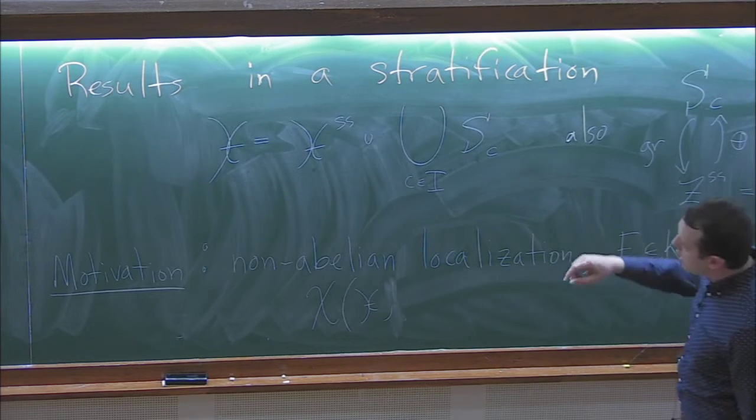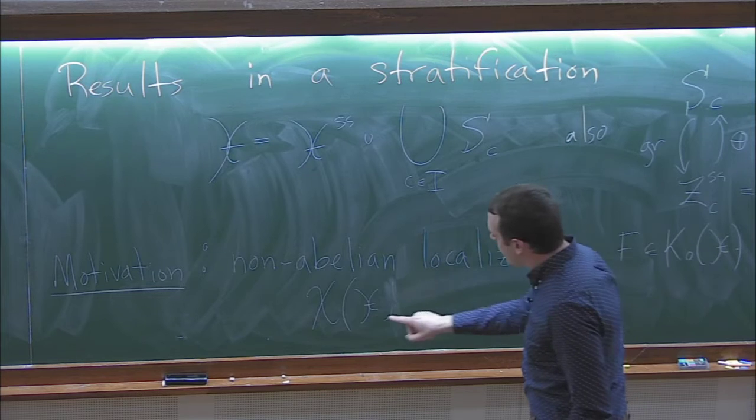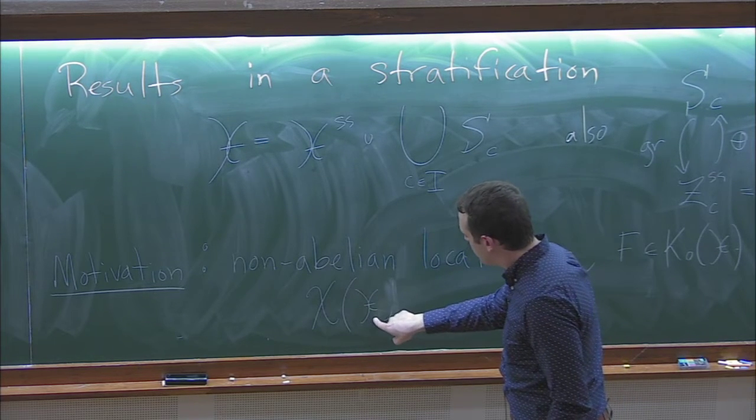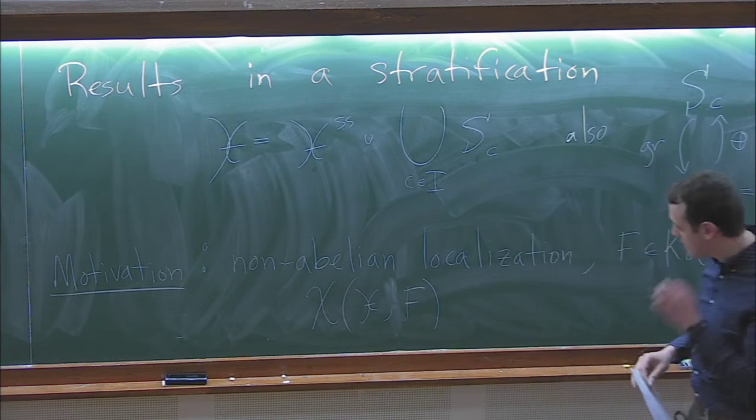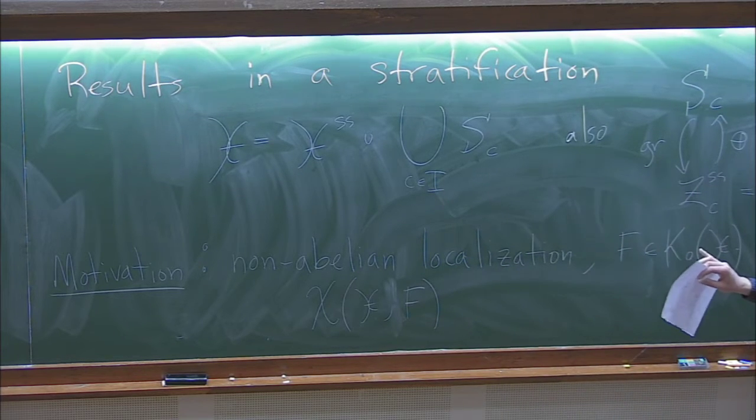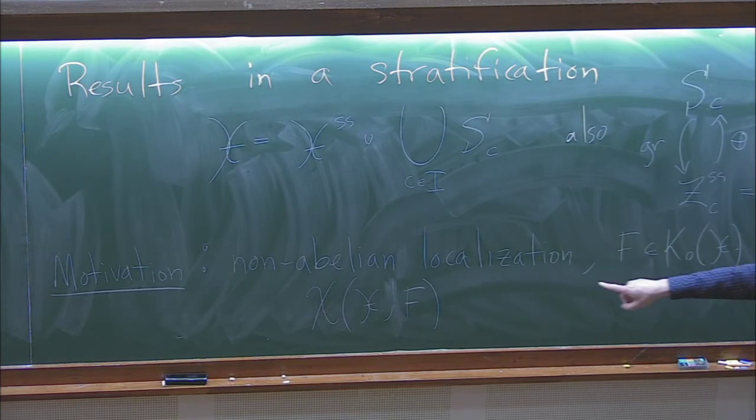But what this stratification allows you to do is this. The K-theoretic index, and this is not going to be essential to the rest of the talk, so if this is not your cup of tea, then fine.